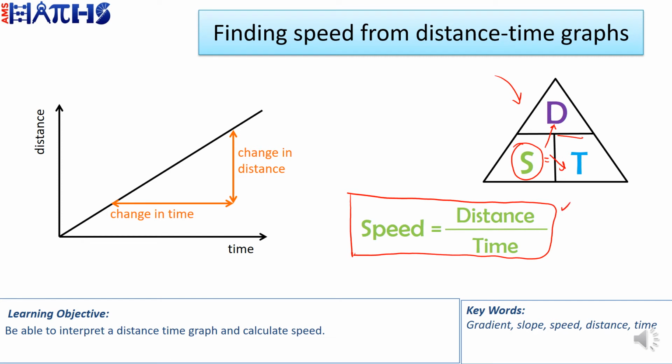Now on the earlier slide, we spoke about what the slope of a distance time graph represents, and I asked you to make a note of it in your books, and I'm doing it here again, where the slope represents how fast the object is moving.